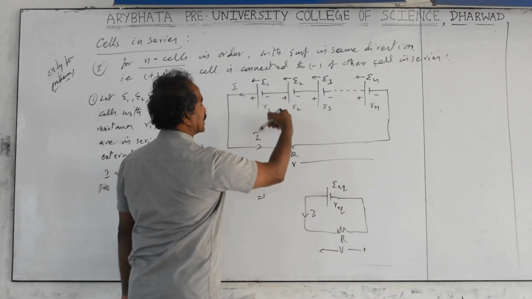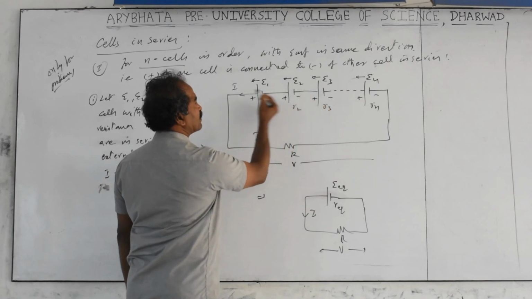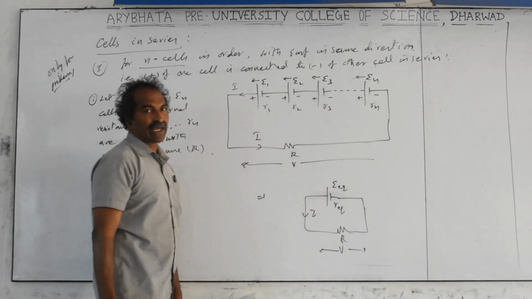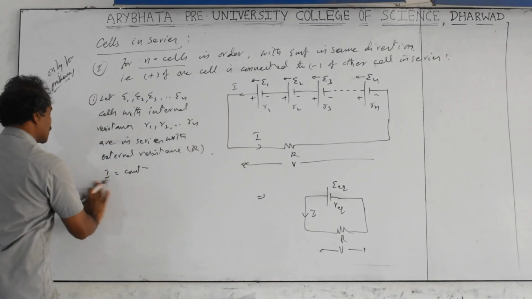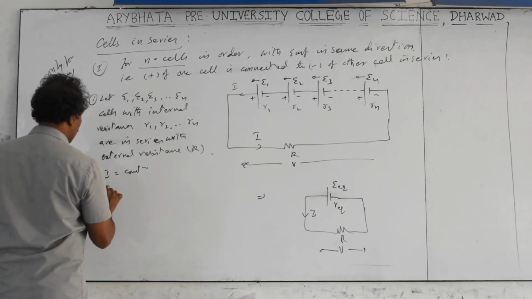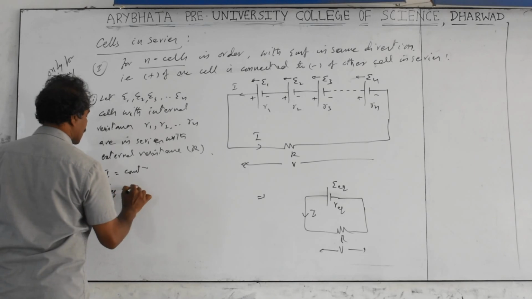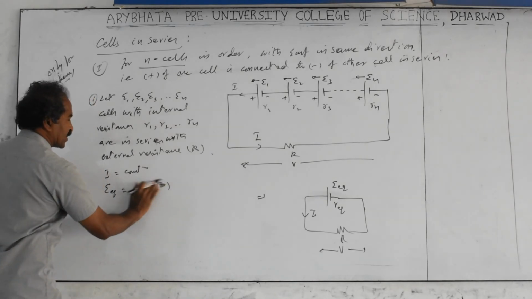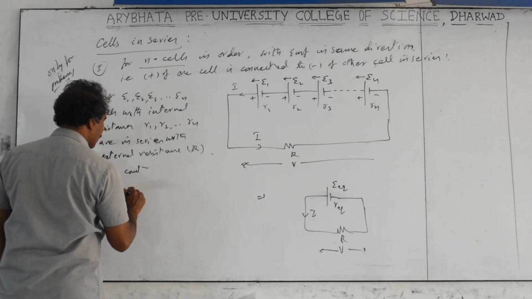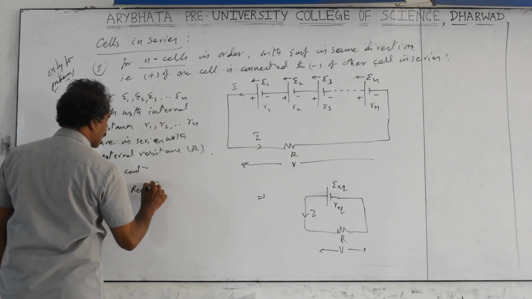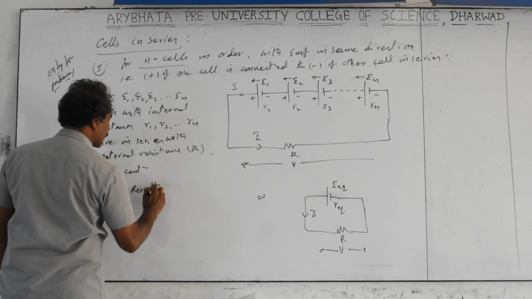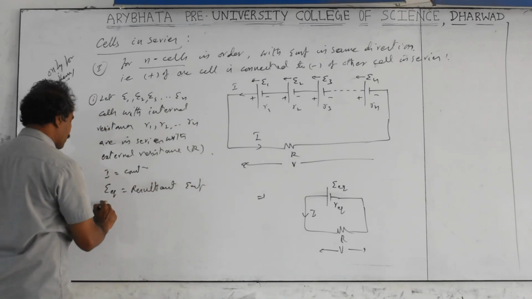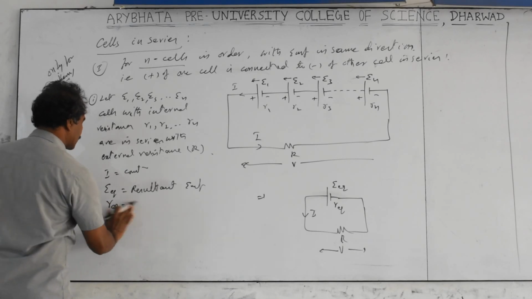For the resultant relation, you have to take the total EMF. With the same direction, E1 plus E2 plus E3 and so on plus En is the equivalent value, the resultant or equivalent EMF.